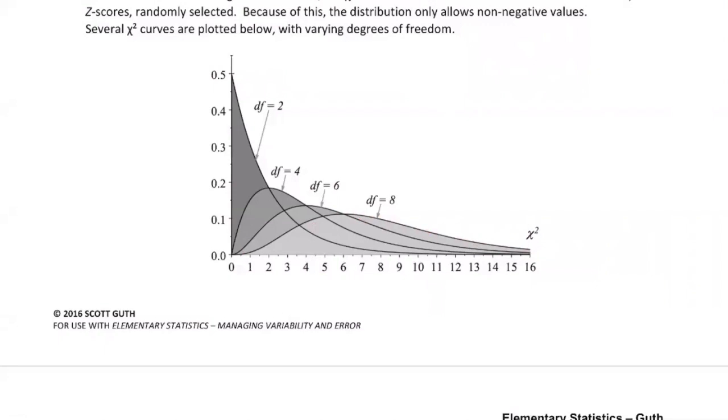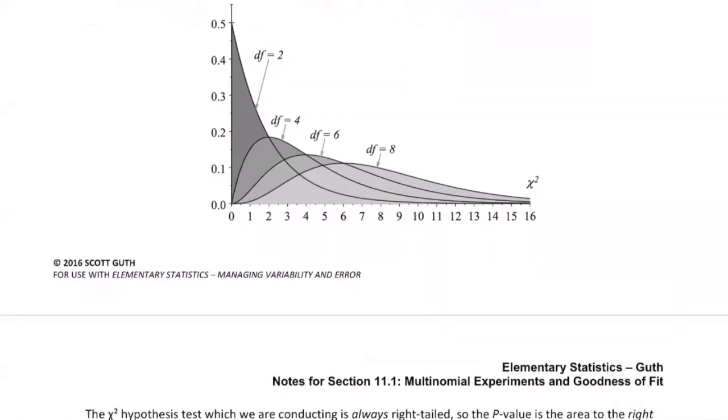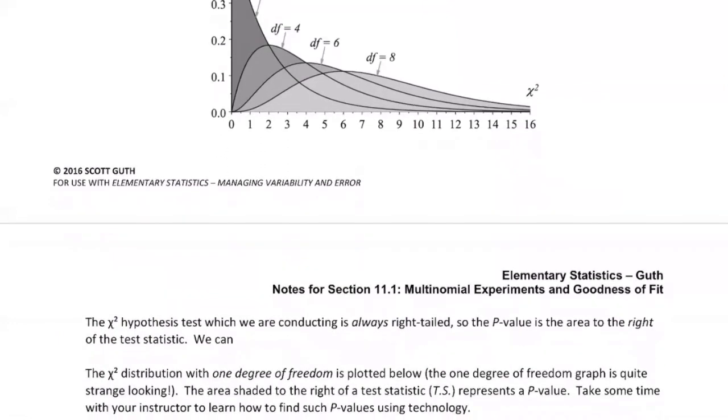But you need the degrees of freedom to be big enough so that you get a left tail and a right tail, because the distribution gets so wide and low, as you can see is happening here. But eventually it becomes essentially symmetric. And you can use the normal distribution to approximate the chi-square distribution with large degrees of freedom. I don't know how large. I know some people have studied that.